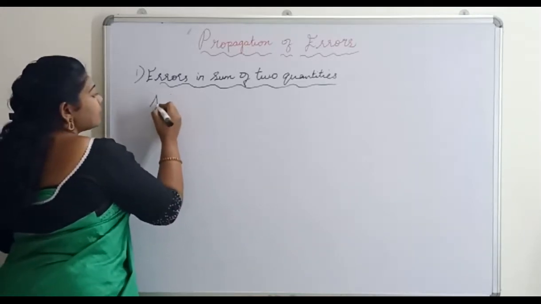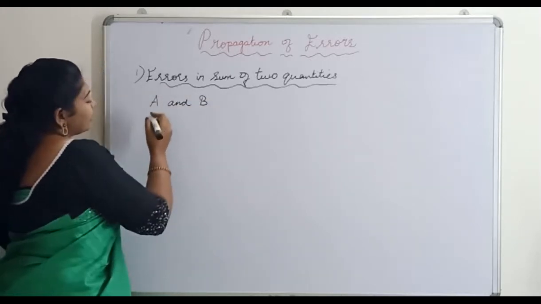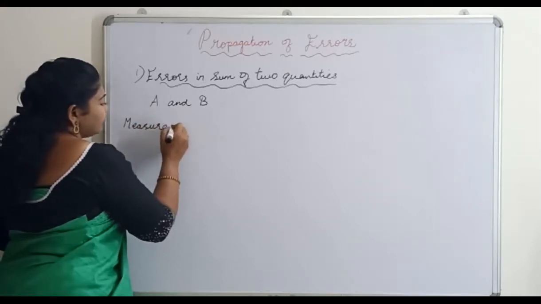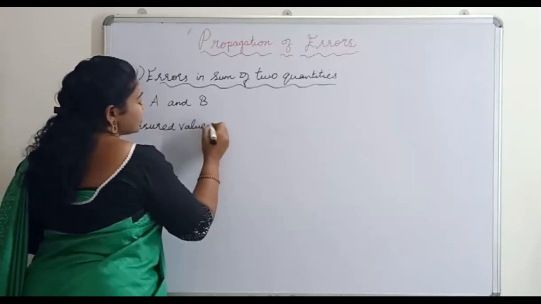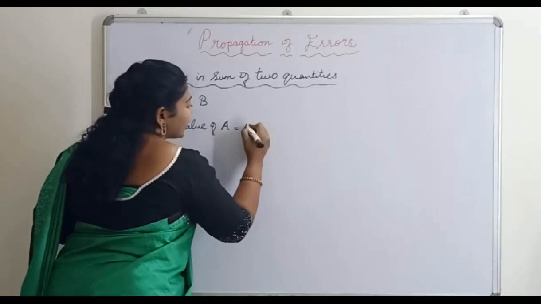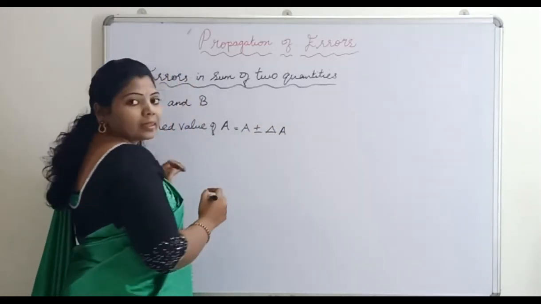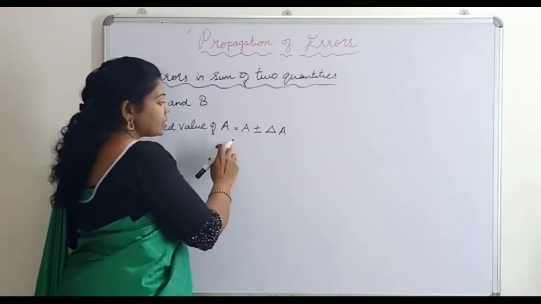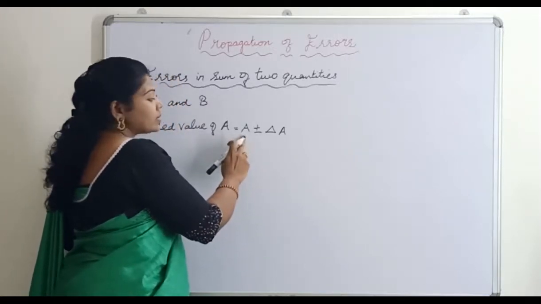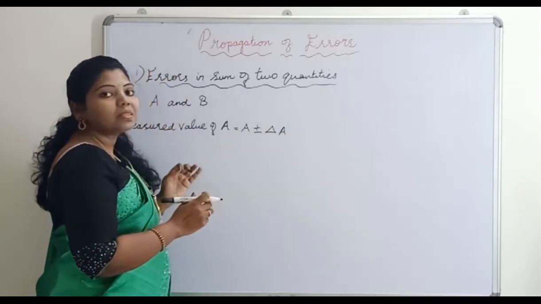So let A and B be two quantities. Now I am finding the measured value of A. I am writing this measured value of A as A plus or minus delta A. Here the measured value of A is equal to A plus or minus delta A. This A is called the true value, and this delta A is called the absolute error.